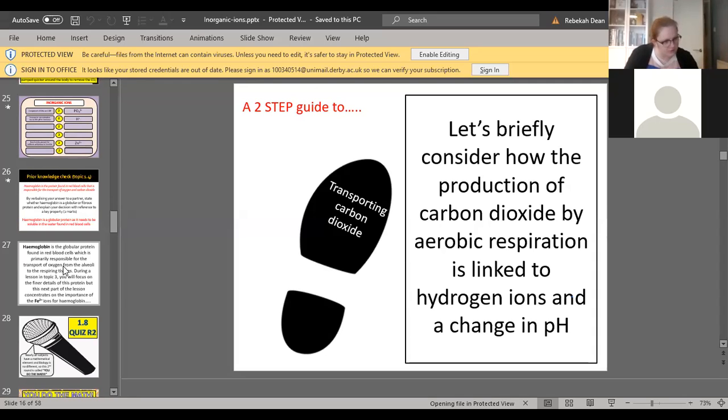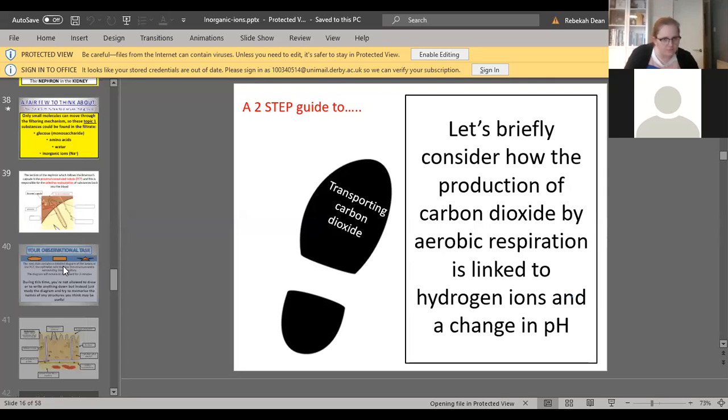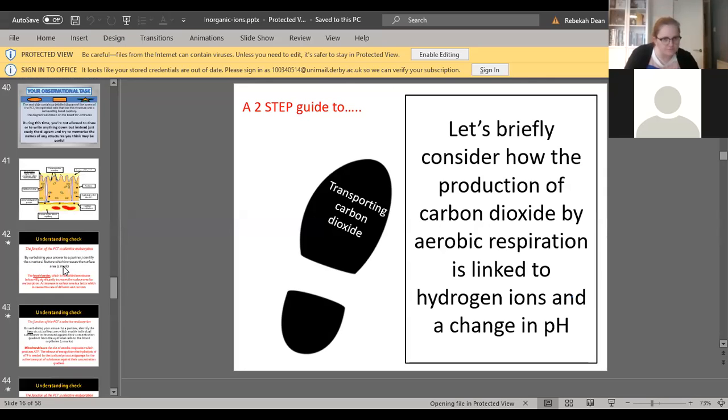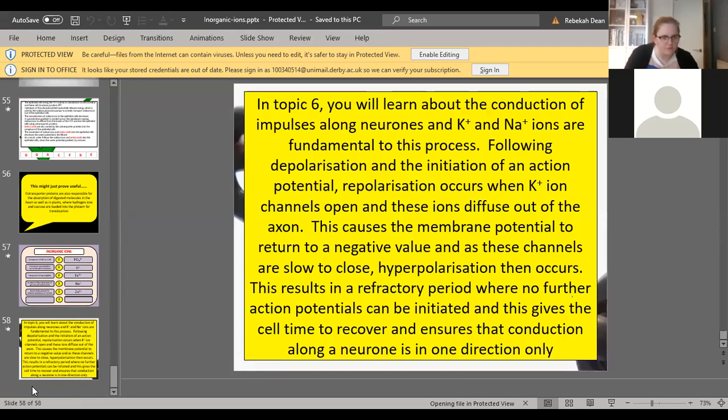Hemoglobin. I do want hemoglobin because I want iron. Let me just get a separate page because I don't know where half of it is. Let's open up whiteboard. So screen sharing on a new share. I want whiteboard share.